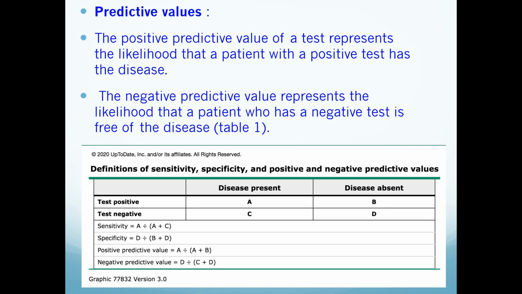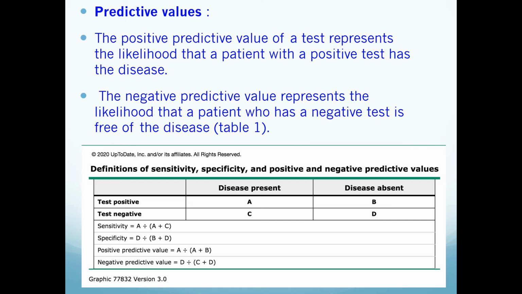For example, the VDRL test. All the positive patients of the VDRL will be tested further. So the positive predictive value is very high for VDRL to detect the patients who are most likely to have syphilis. But if this test is negative, it is unlikely that this patient has syphilis.